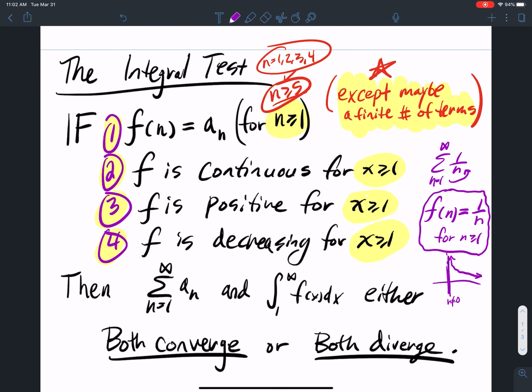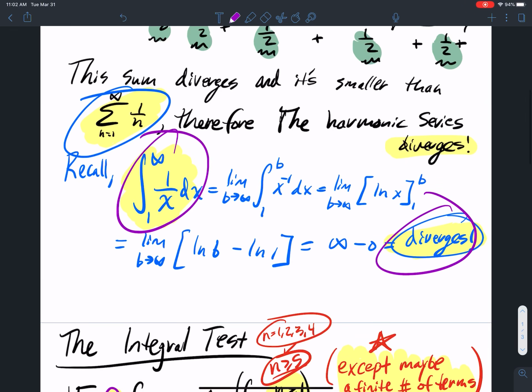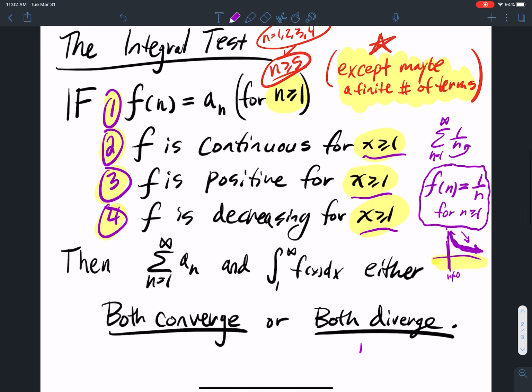It's continuous. It's positive, greater than 0. And it's decreasing for x greater than or equal to 1. So when we find that this integral diverges, what does that tell us? That tells us that the series has to diverge, okay? So that's how we use the integral test to prove this.